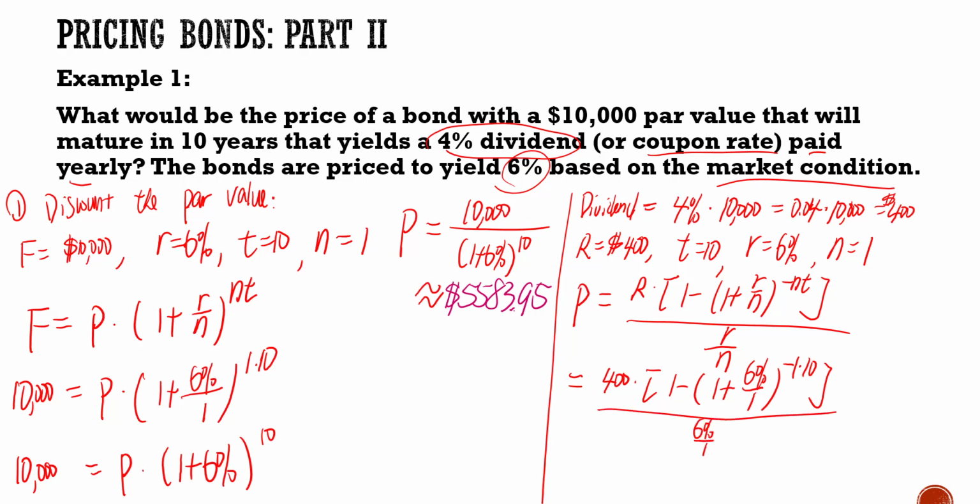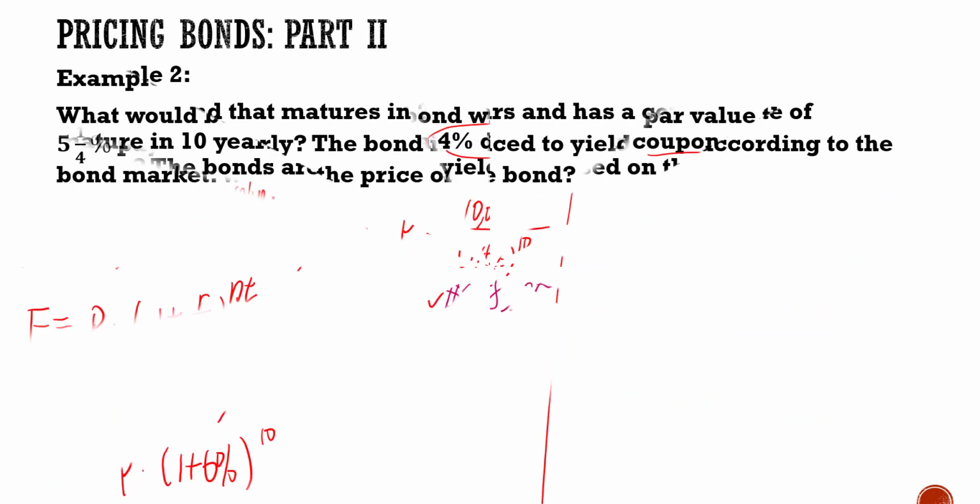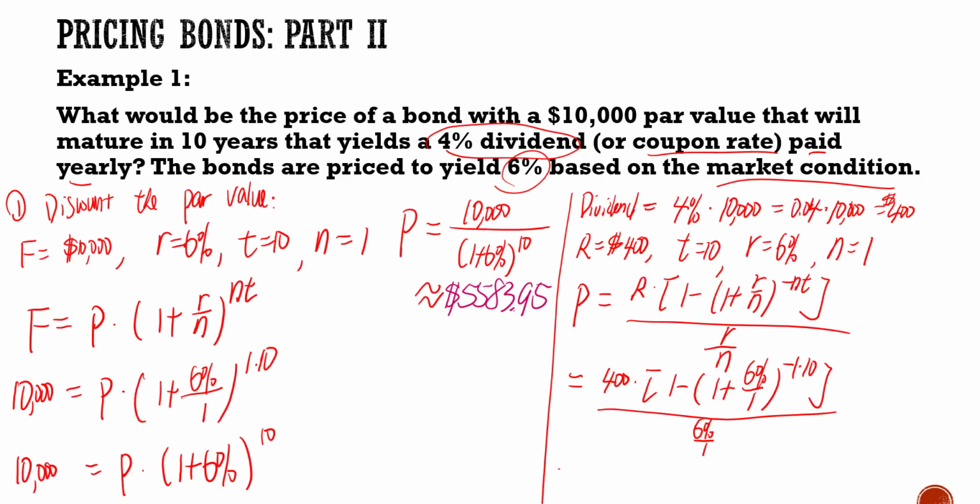If you simplify a little bit, you get this. So this is 400 times 1 minus 1 plus 6% raised to negative 10 power, dividing by 6%.